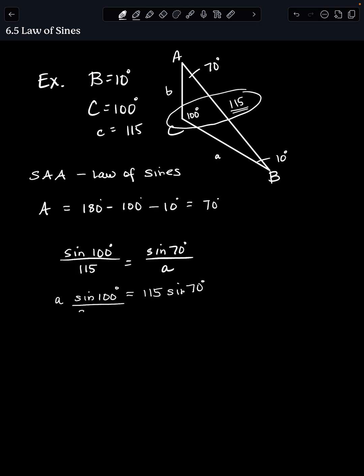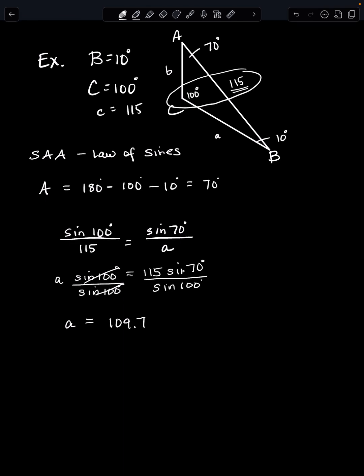When I divide by the sine of 100 to isolate A, I've isolated A, and punching that in my calculator, I see that A is approximately 109.7.